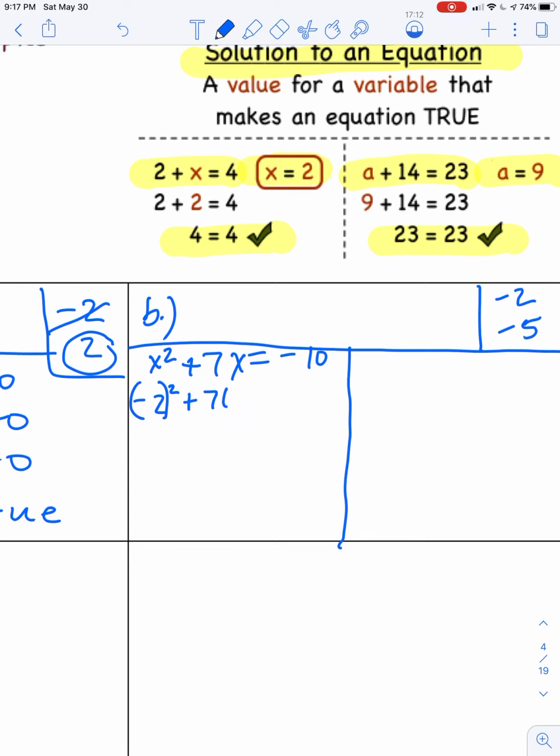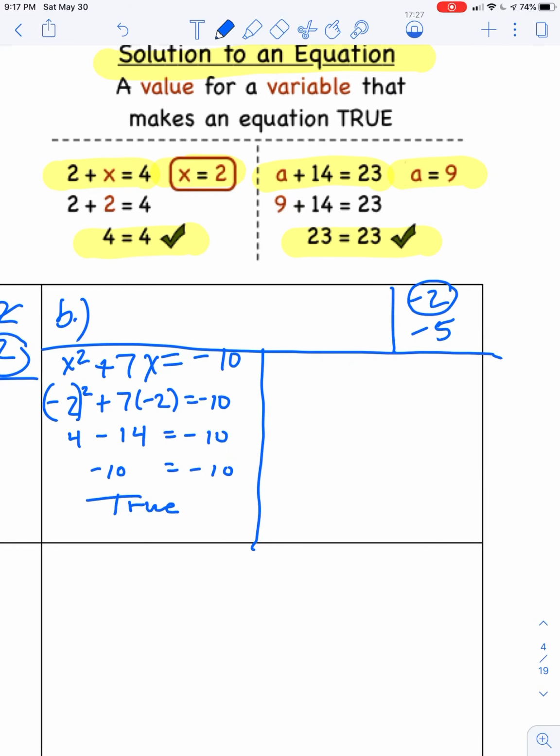Negative 2 squared plus 7 times a negative 2 equals negative 10. I have 4 minus 14 equals negative 10. Negative 10 equals negative 10 makes this a true statement. So negative 2 is a solution, or a root. The question is asking on letter B if negative 2 or negative 5 are roots of the equation. So negative 2 is a root.